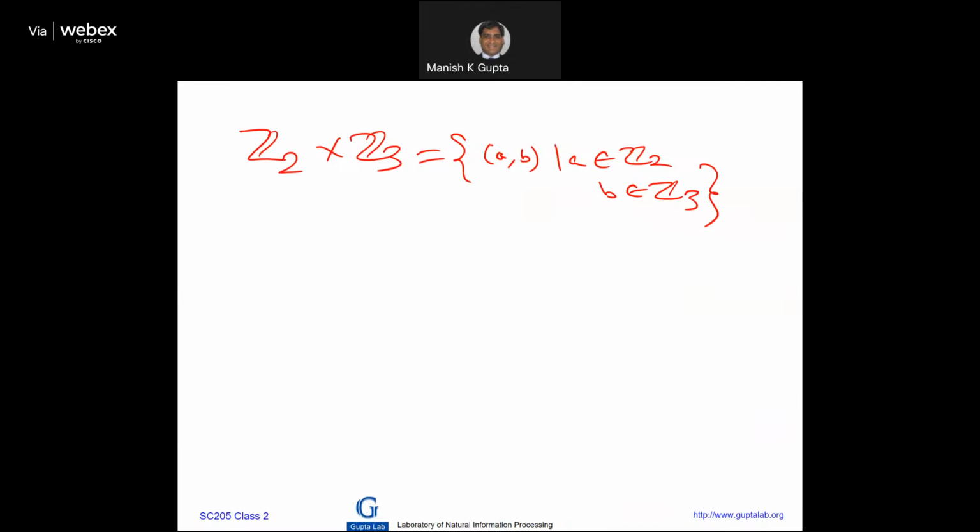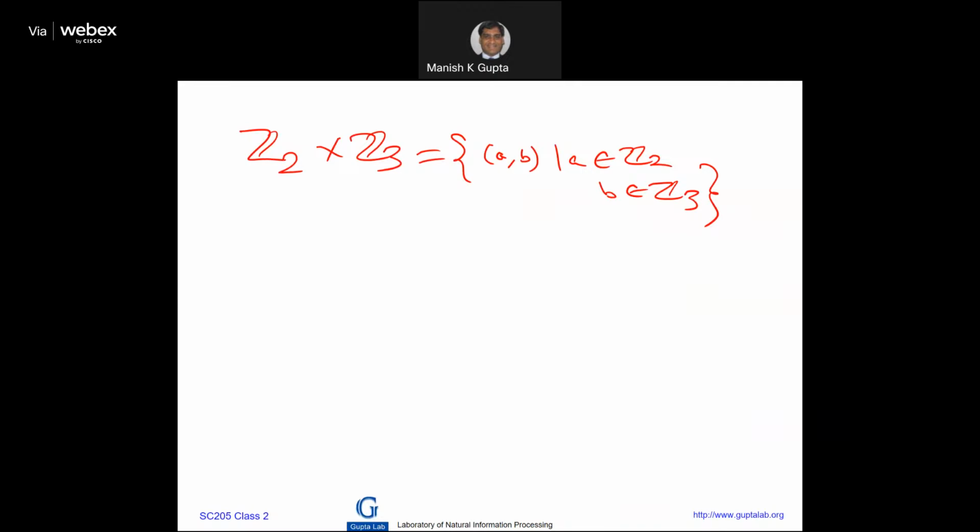So 2 raised to the degree of the polynomial, 2 squared, gave you 4 elements. So essentially, if I have to construct a field with a certain number of elements, it has to be a prime power with this technique. It means if there is a field with q elements, then q has to be a prime power. Then only you can construct a field. So I think it will be clear if we take a few more examples.